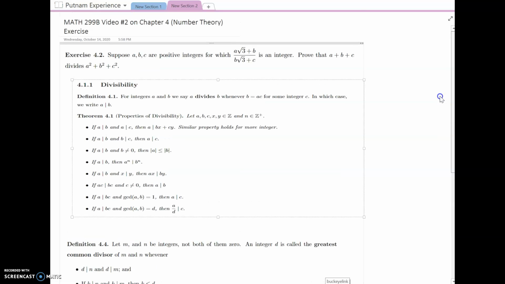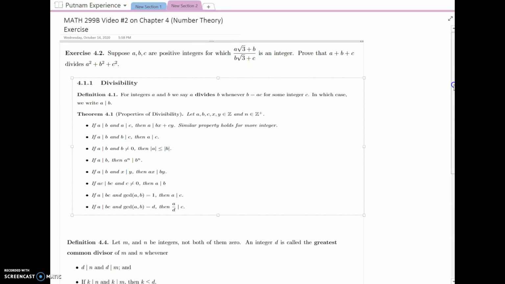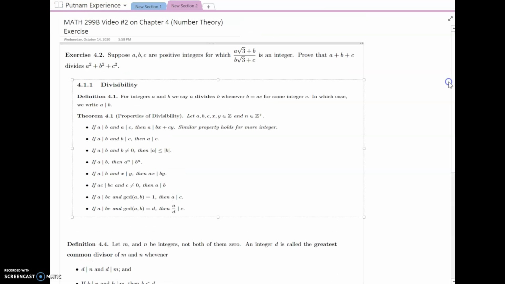For this problem, I see basically 3 integers. I see a is an integer, b is an integer, c is an integer, and then you have this rational expression, but it's actually an integer. So I'm going to try my best to prove that a + b + c divides a² + b² + c².